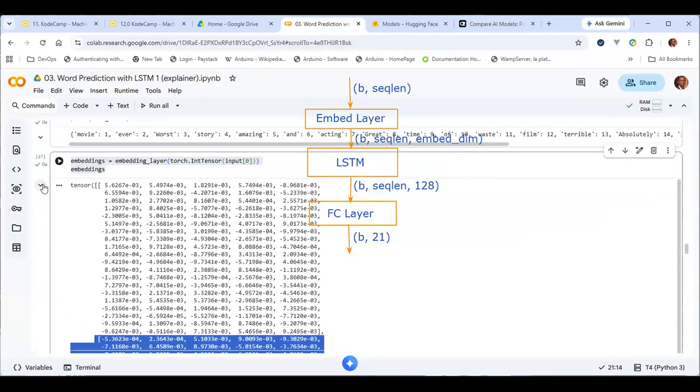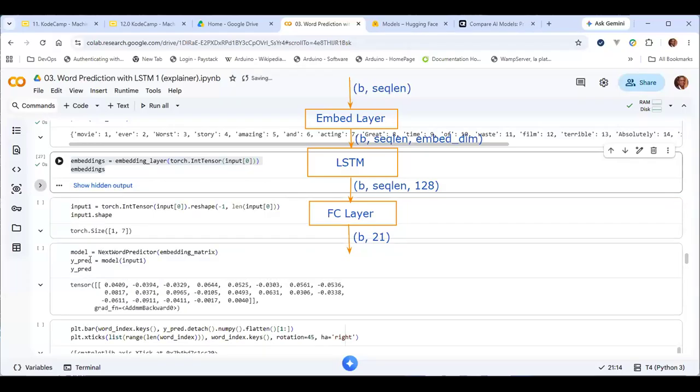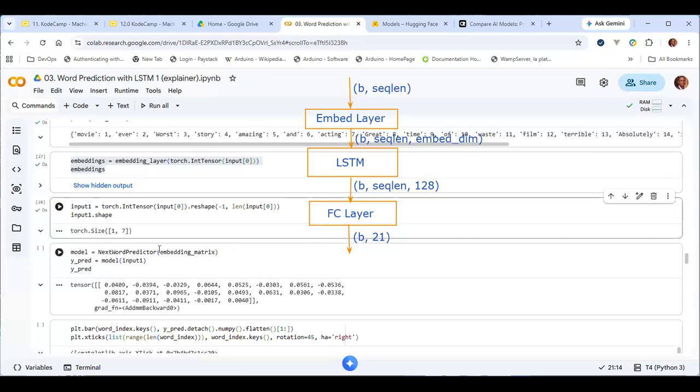So the whole sentence is going to have a list of embeddings. The whole list of sentences is going to have a list of embeddings. So that becomes a three-dimensional list. So the reason why this now has a size of 1 by 7, input 1 is just the input of the first one.